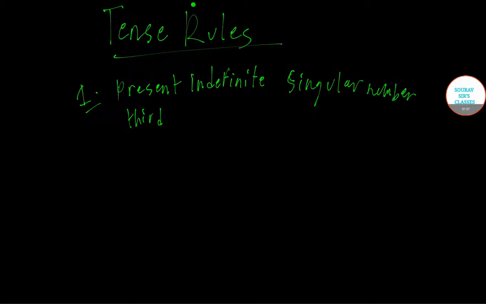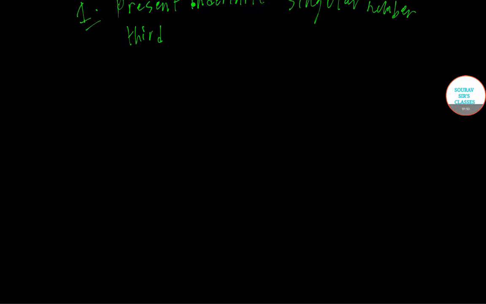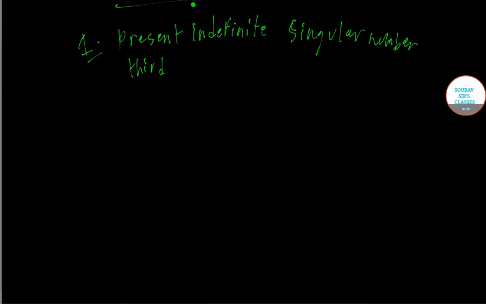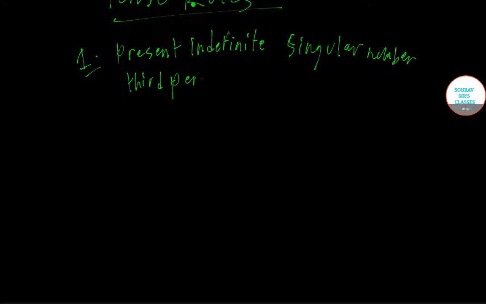So if the verb ends in ss, o, x, z, sh, ch, then we add es instead of s. When I give the example, it will become very clear. Instead of pass, we use passes. Instead of do, we use does.